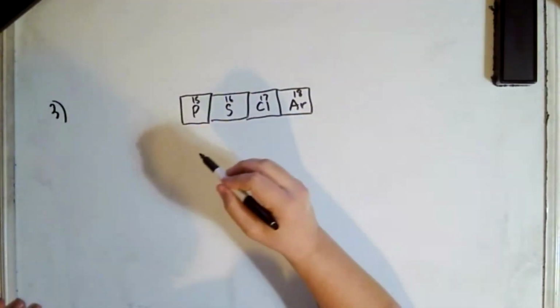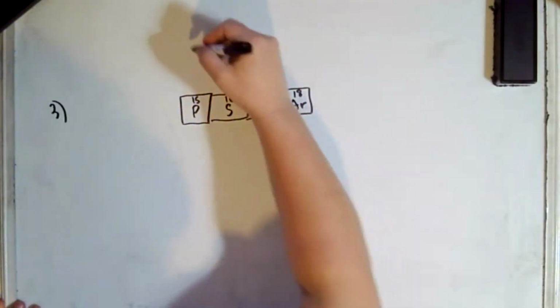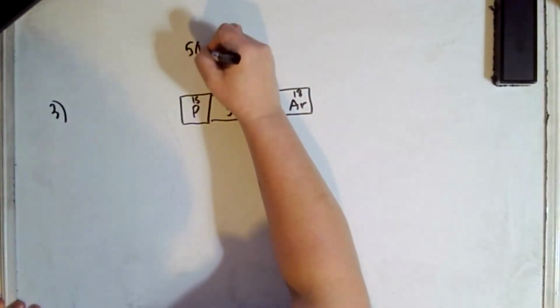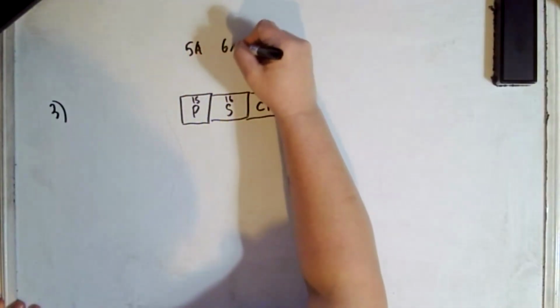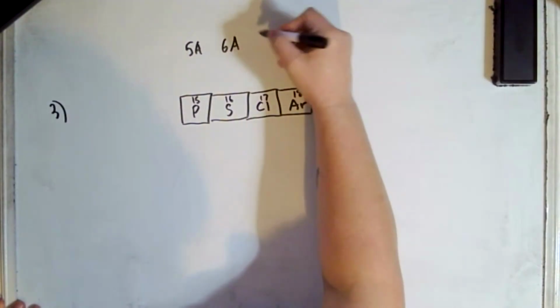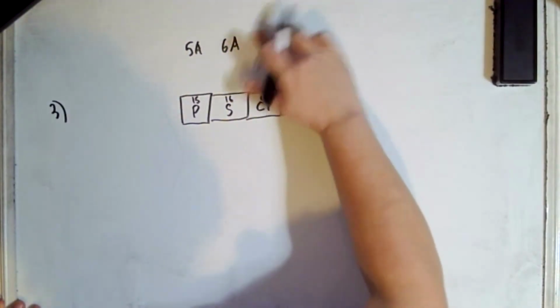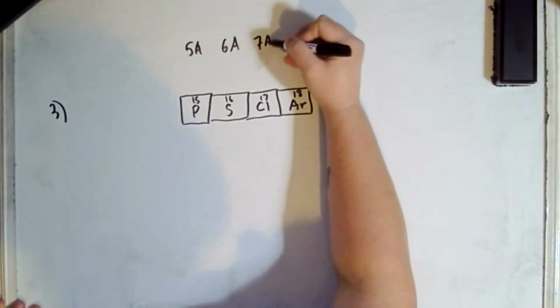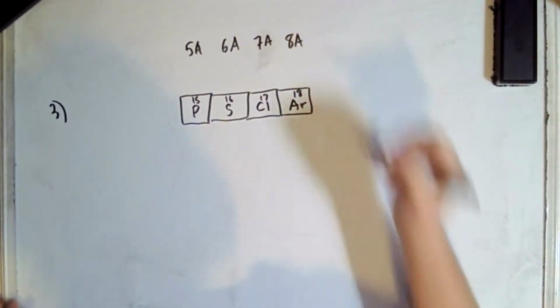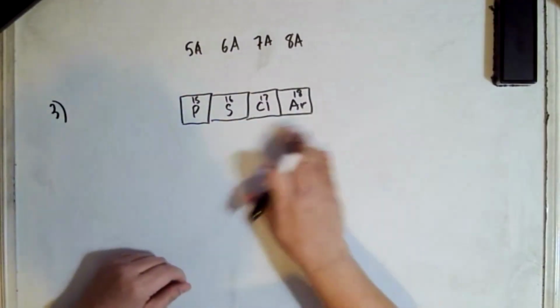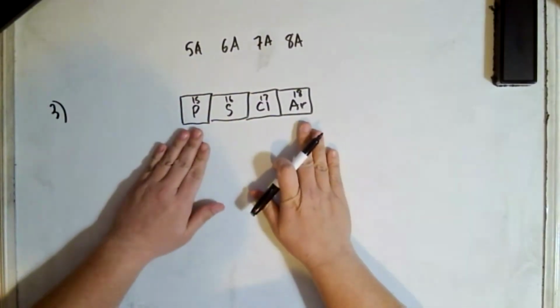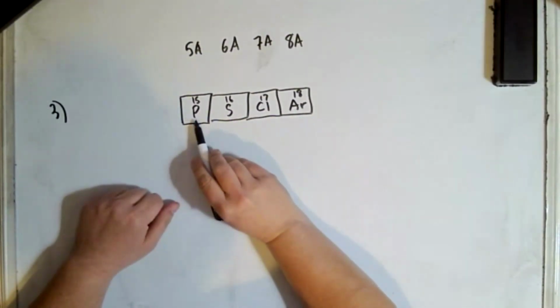Remember that when you're looking at your periodic table, you can look at the group number to figure out how many valence electrons each thing has: 7A, 8A. So I've got phosphorus here.